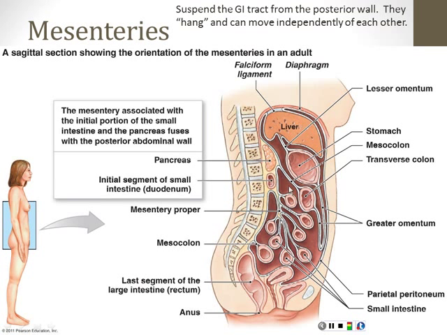So we call this cavity that these things are hanging in the peritoneum. So that word is right here, peritoneum. And so the area in between these digestive system organs, so like all this area here, it's sort of in a dark red in this picture. All of that area is called the peritoneal cavity.